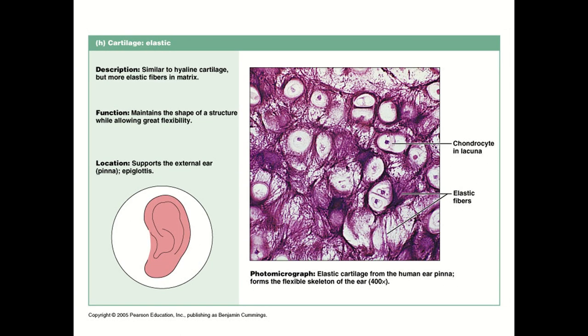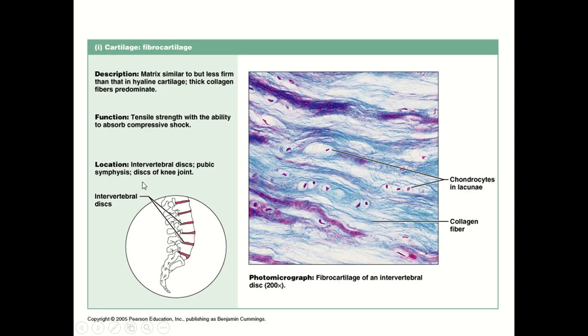Next is cartilage. We're going to look at the elastic cartilage. Elastic cartilage is similar to hyaline cartilage, but it has more elastic fibers in the matrix. It helps to maintain the shape of a structure while allowing great flexibility. Its location: it supports your pinna, which is your external ear, and also the epiglottis. For fibrocartilage, the matrix is similar to hyaline cartilage.